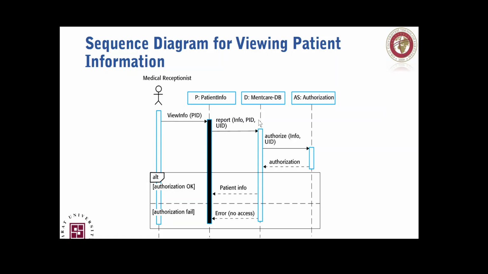And those represent the lifetime of our objects, or instances of our objects actually, not one object. The idea here is we may have this alternative to the whole process: if the authorization is okay, we can view the patient info. If the authorization fails, then we will get an error message.